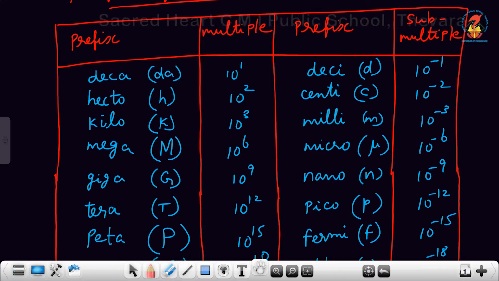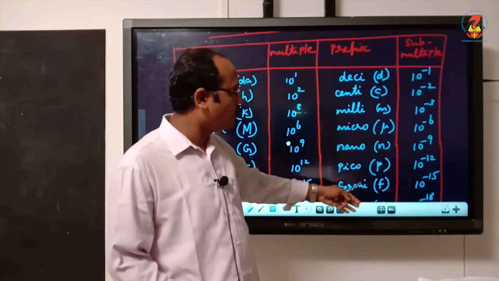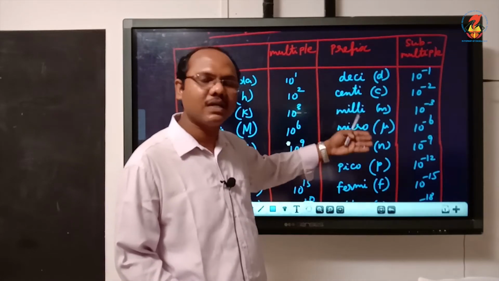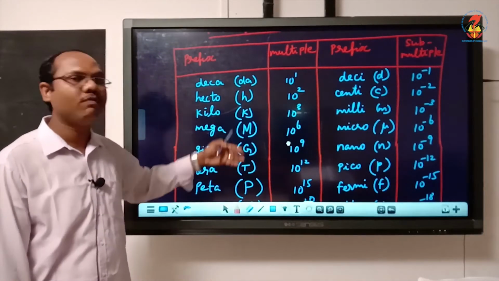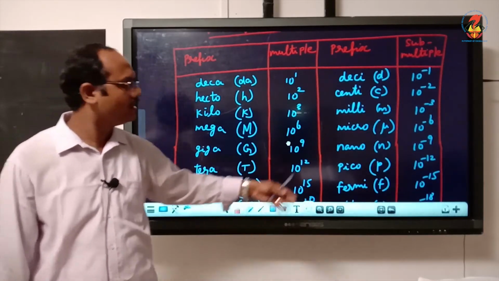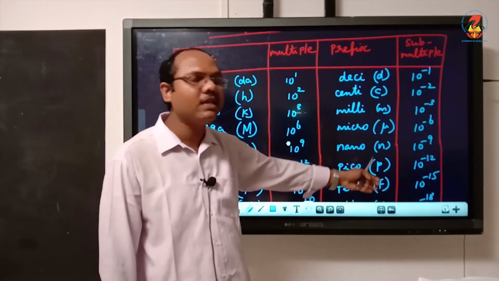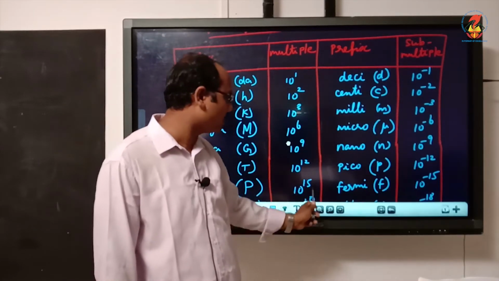Then comes nano, 10 raised to minus 9. So as we move down, we are going to the smaller section of the units. In the earlier table, as we move down, we are going to the higher units. In this table, we are moving to the lower units, smaller units.